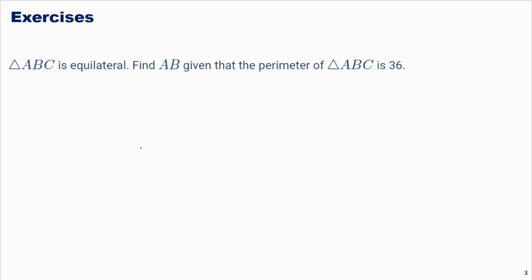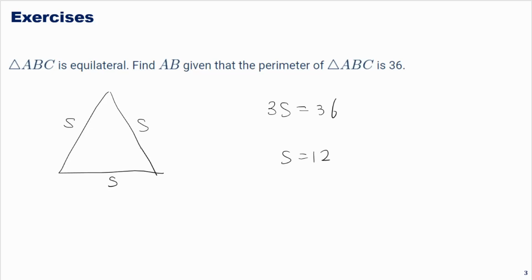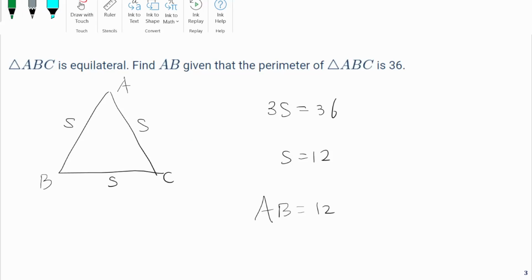So if we let each have length S, then we have 3S equals 36, so S equals 12, right? And therefore we know AB equals 12. Any questions?